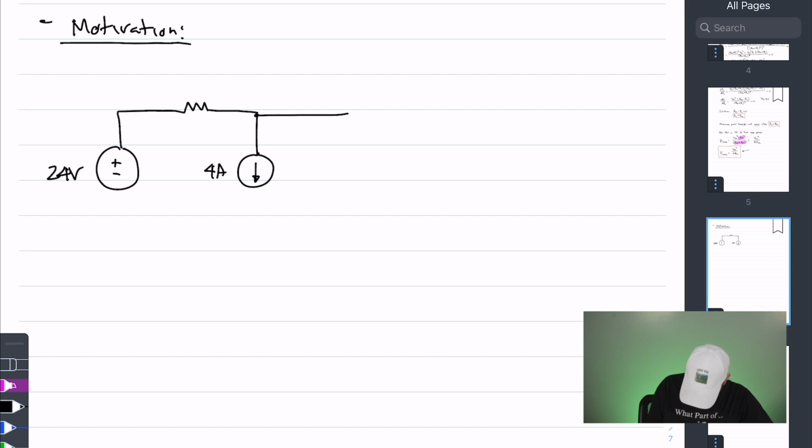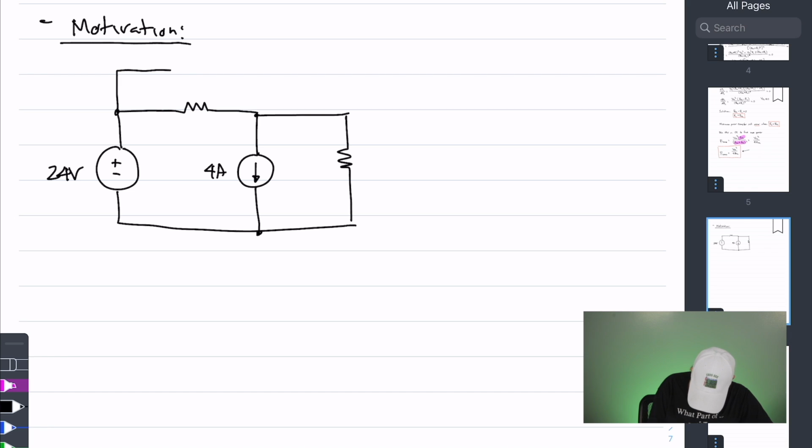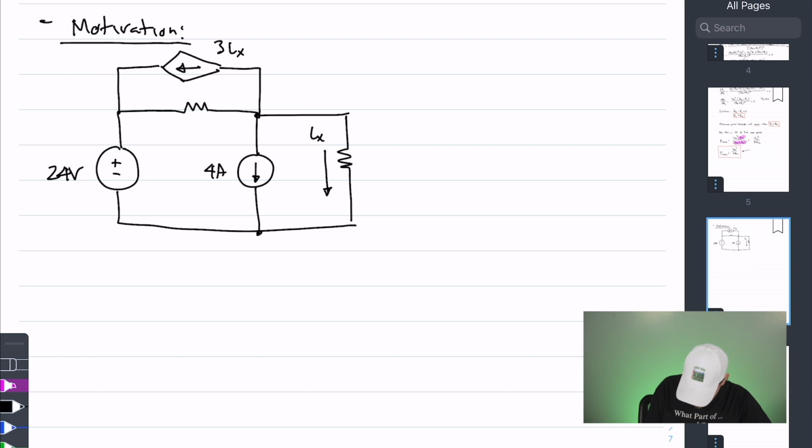Let's say there's another resistor here, and even a dependent source, let's say, at the top here. And let's make this a current source that depends on a current Ix that's flowing down this way.